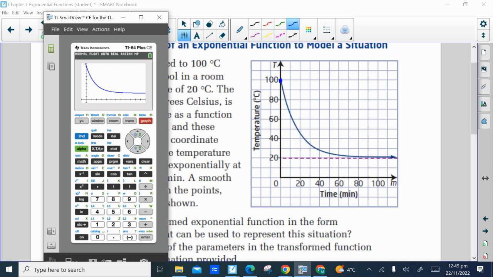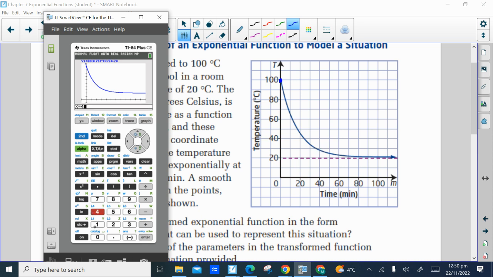And so to check this, if we look on the grid that we see here, after 20 minutes, the temperature should be about 45 degrees, halfway between 40 and 50 approximately. So if we go into trace mode and we let x equal 20, we get 45.3125, what we thought we'd get approximately. Okay. At 40 minutes, the temperature should be a little bit below 30 degrees.